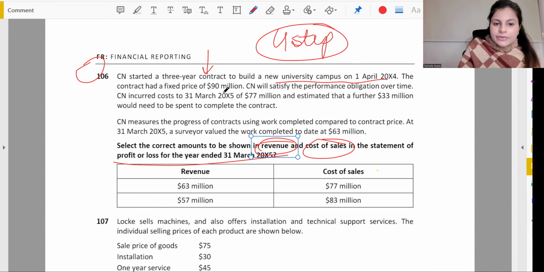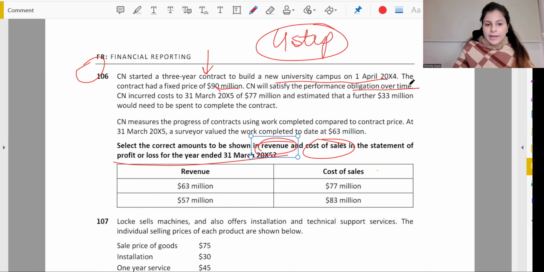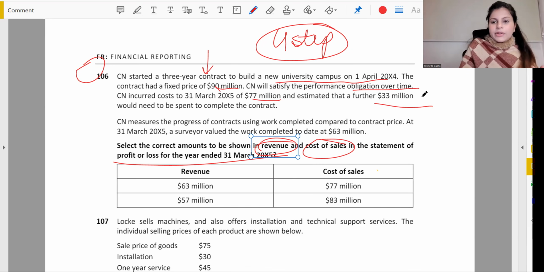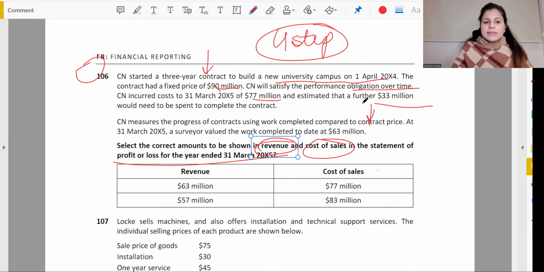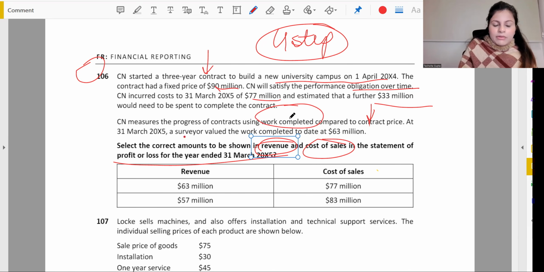The contract has a fixed price of 90 and it will be satisfied over the period of time. The costs which we have incurred are 77 million and estimate of further cost is 33. We measure the progress on the basis of contract price. That means work completed compared to contract price. So we use the input method. Work completed means output method.